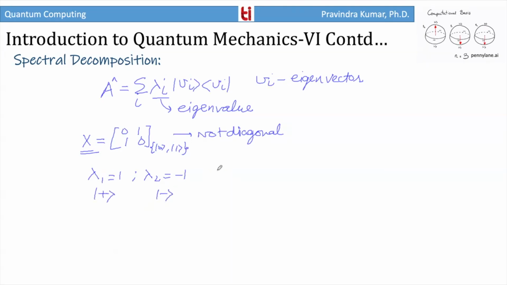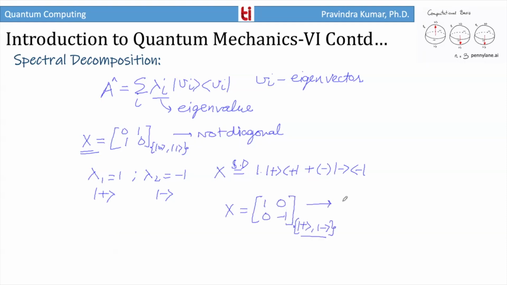So in spectral decomposition, the Pauli X matrix can be written as eigenvalue times the outer product of the corresponding eigenvector, plus eigenvalue times the outer product of the corresponding eigenvector. And the Pauli X matrix in the X basis is 1, 0, 0, minus 1, and this is diagonal.